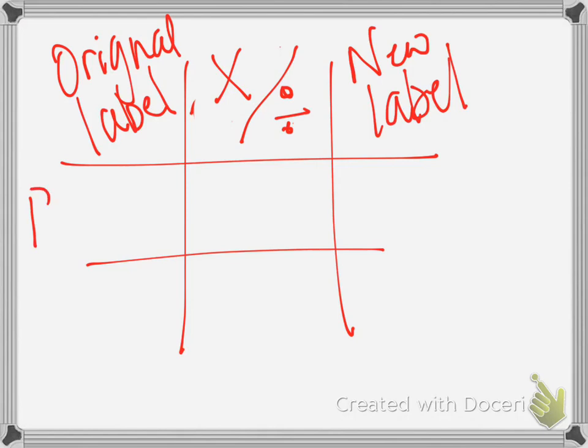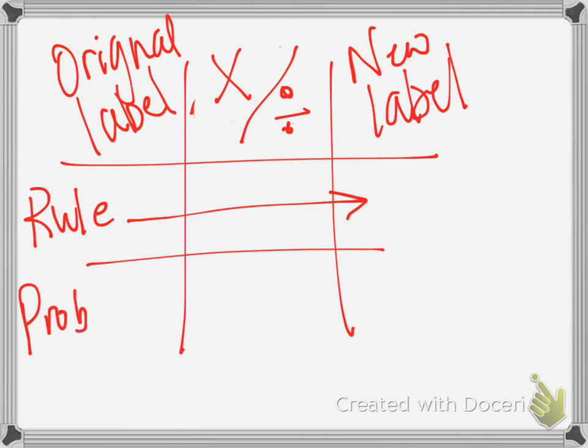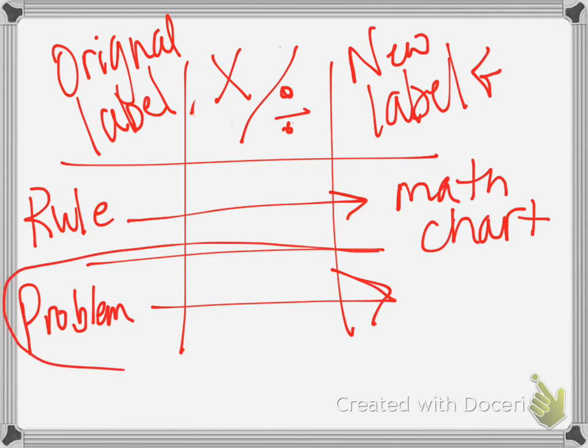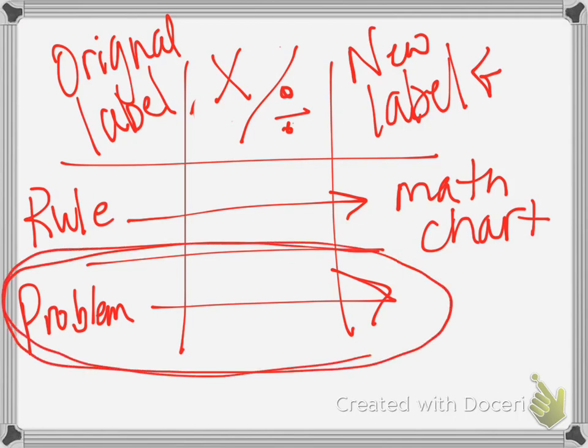And then this section right here is going to be your rule. Here is going to be your problem. The rule you're going to get from your math chart, okay? This you're going to set up from your word problem, and these are going to be the numbers in your word problem. The actual math is going to be right down here. Okay, so let's try this.